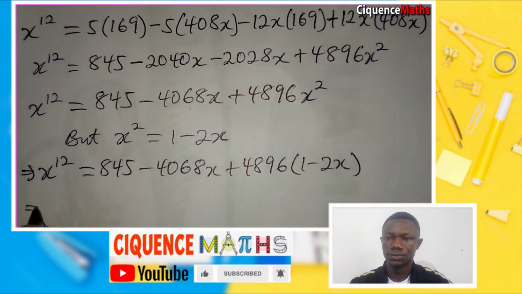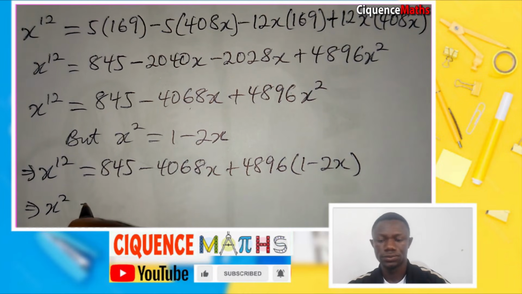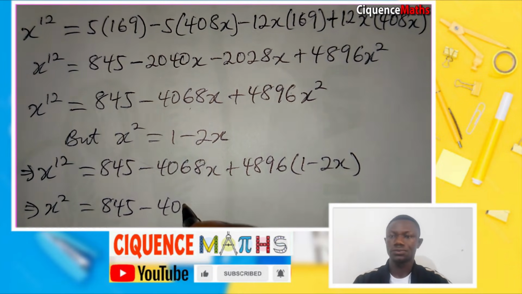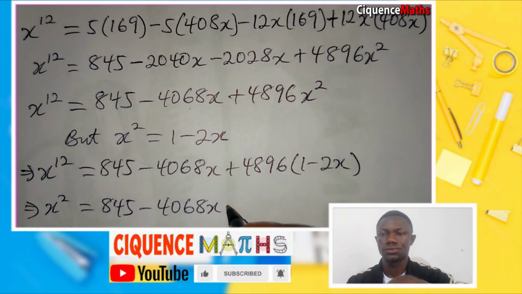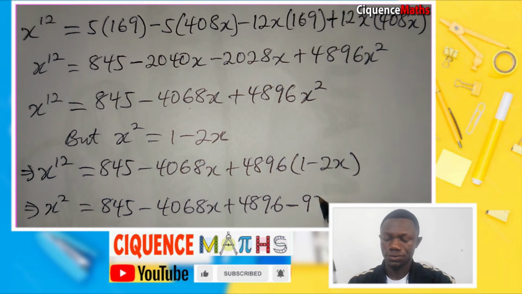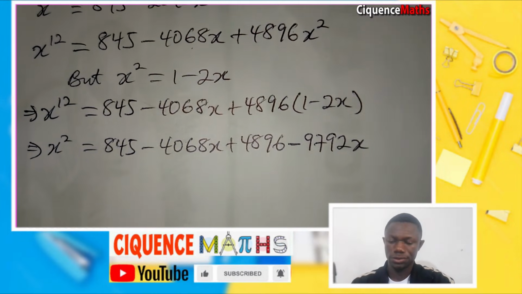So this becomes 845 minus 4068x plus 4896 minus 9792x. Beautiful. Now we simplify further.